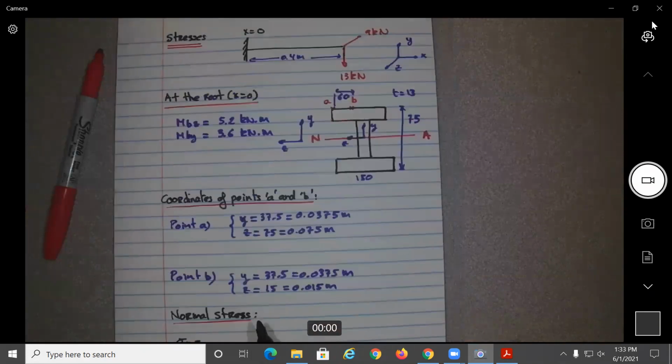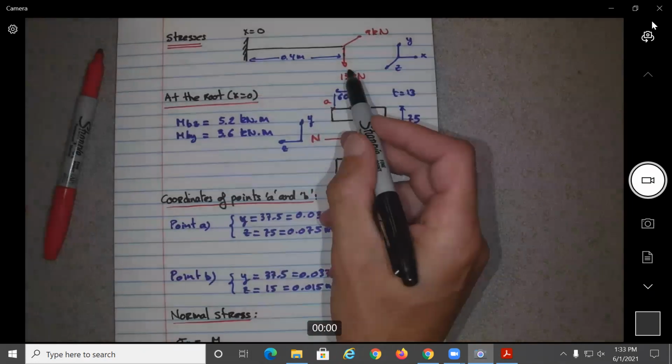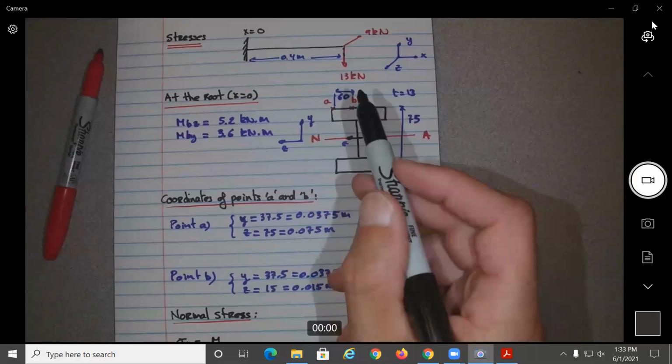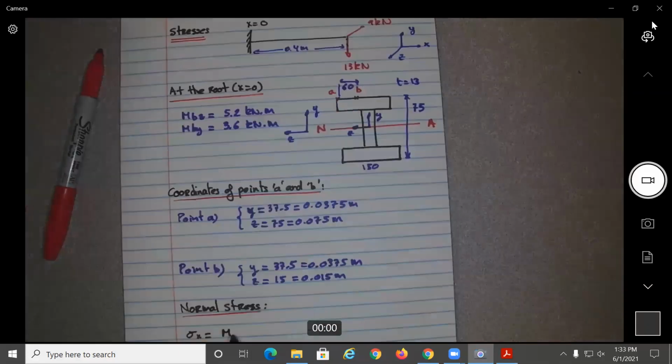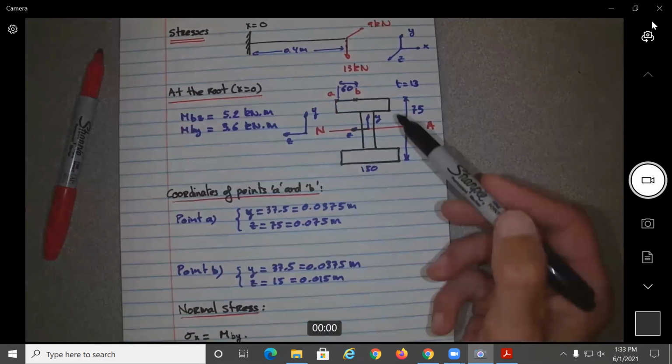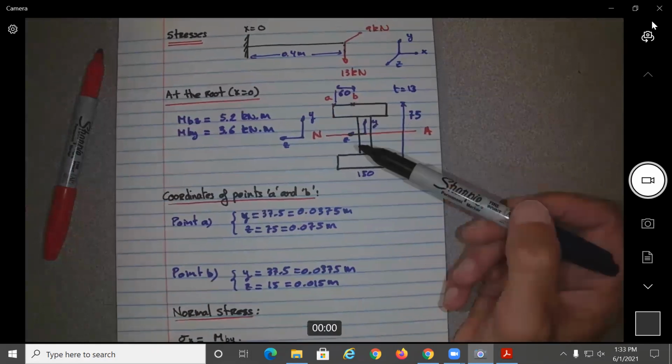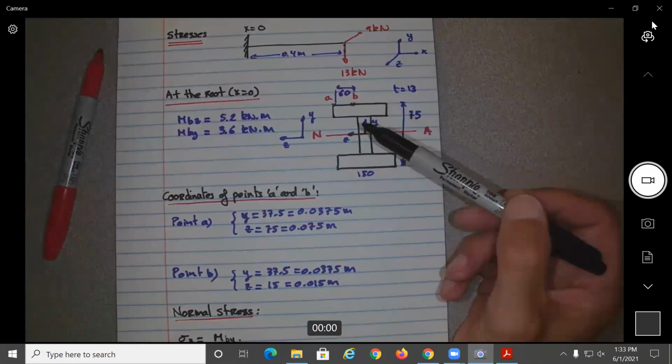So we have what? M. So this 13 force will create a moment about the Y. So it will be MBY. If this is MBY, what do we need to use now? We need to use the Y location, no?